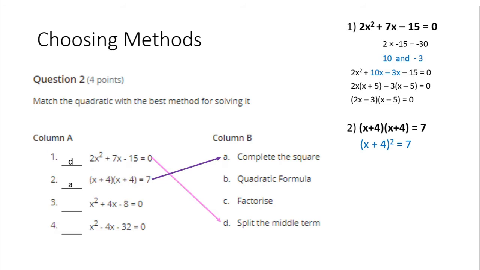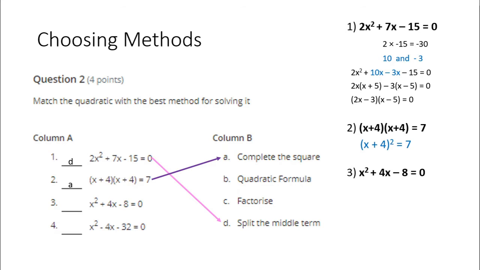Question 3, I've got a quadratic there. There is no number in front of the x squared term, so it looks like it will be an easy one to factorize. But let's think about this. Let's try. What numbers multiply to make negative 8 and add to make positive 4? It's got to be a positive and a negative. And they need to add to make a positive, so the bigger number should be the positive one.